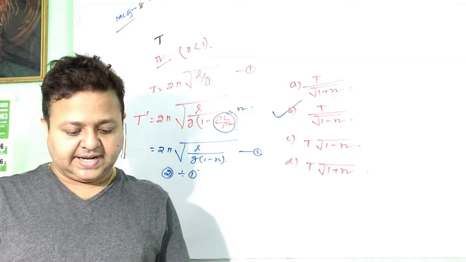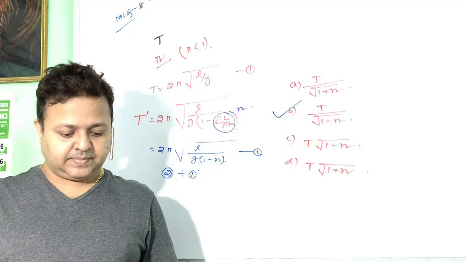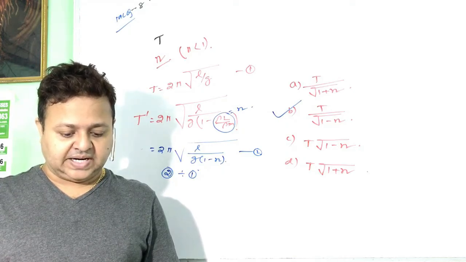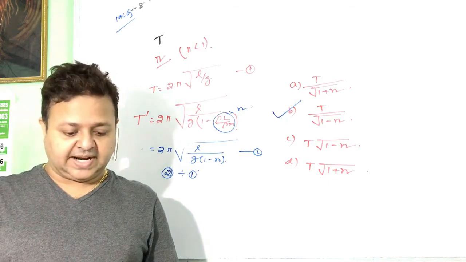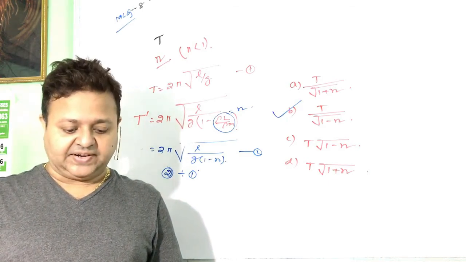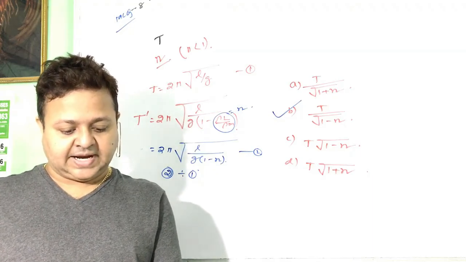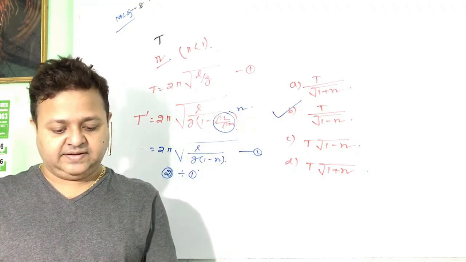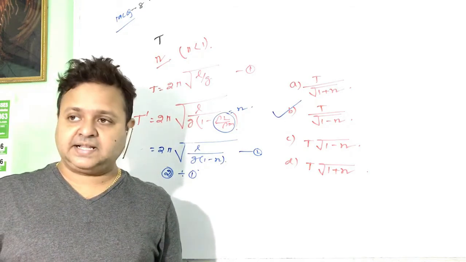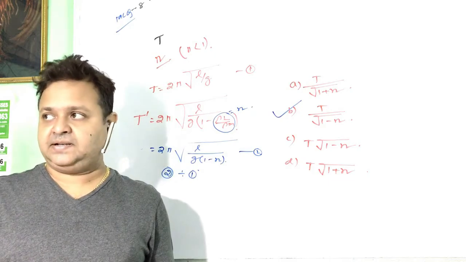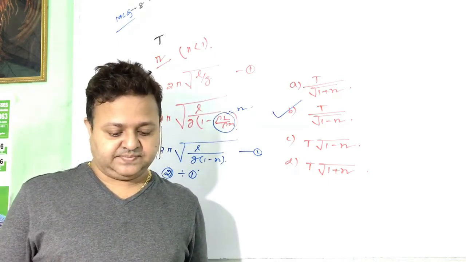A body of mass 1 kg is suspended from a light spring hanging vertically, and its length increases by 5 cm.